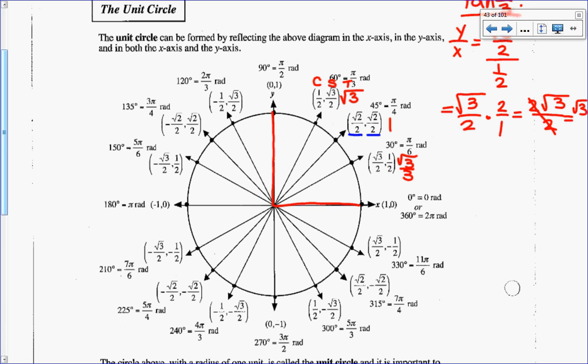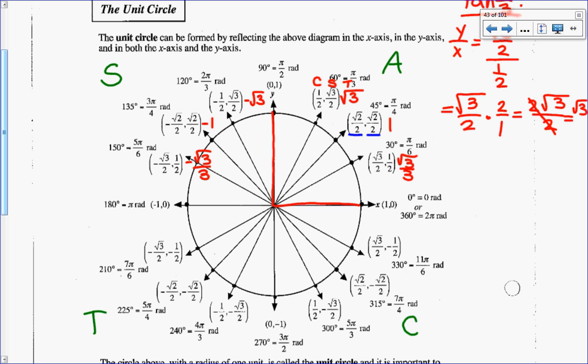And we know that all students take calculus. And so in quadrant 2, sine is positive, but tangent will be negative. So this will be negative root 3, this tangent. This one will be negative 1, and this one will be negative root 3 over 3.